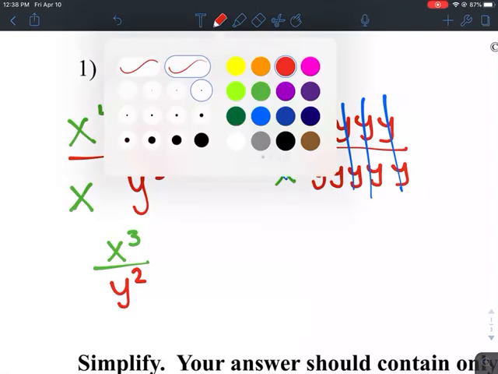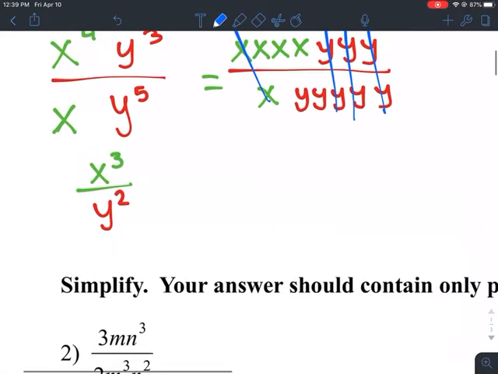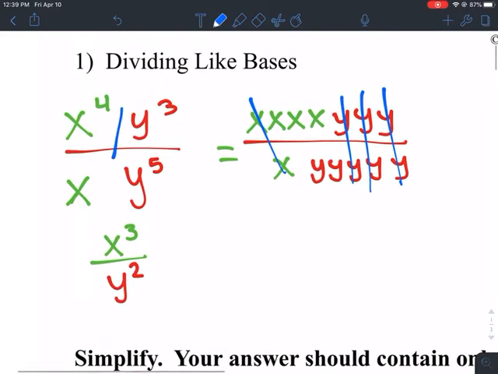So where that comes from, so that you don't have to write this out every single time, is that if you look at the x's, and remember that if there's nothing there, it's a 1. Essentially, what we did was we subtracted. We did 4 minus 1 to give us 3.